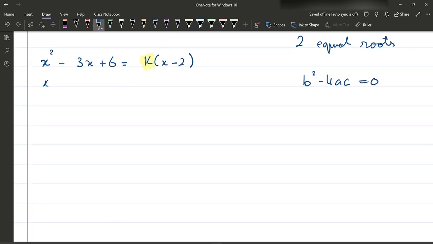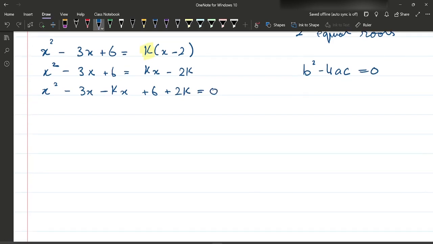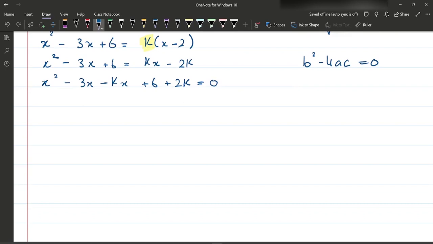Okay, so let's try to simplify this. x squared minus 3x plus 6 equals kx minus 2k. Okay, x squared minus 3x minus kx plus 6 plus 2k equals 0. Remember this sign. For now, it's equals 0, right?